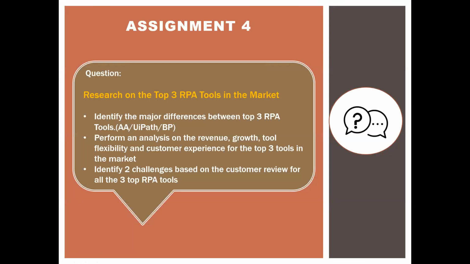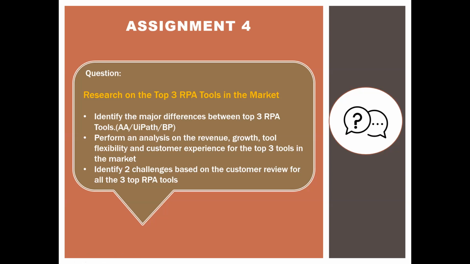But for the interest of others, this is an assignment where we expect you to do research on all the three RPA giant tools that are in the market. First is Automation Anywhere, second is UiPath and third is Blue Prism. Try to identify the major differences between all these platforms and see how they are indulging their customers.